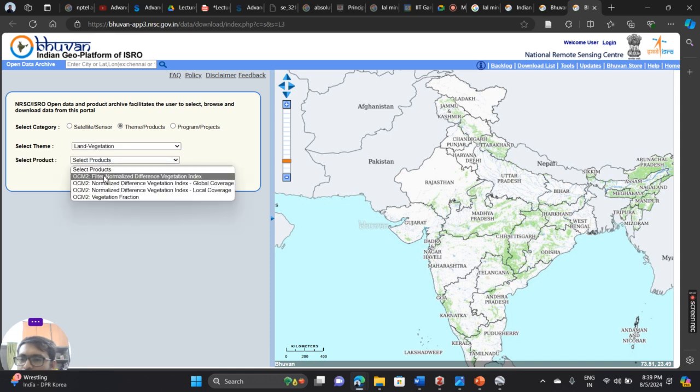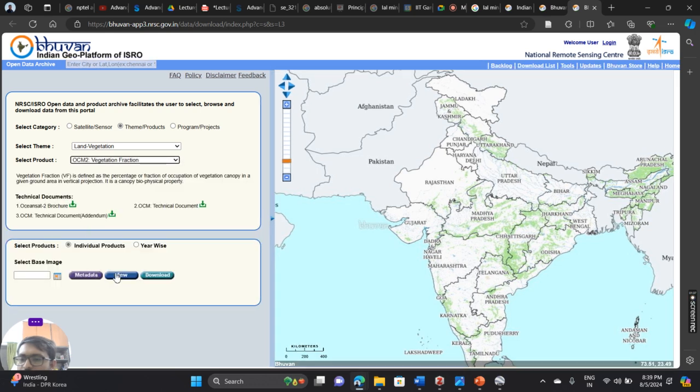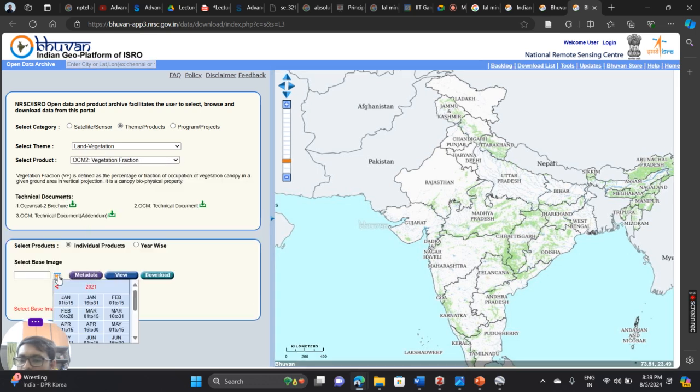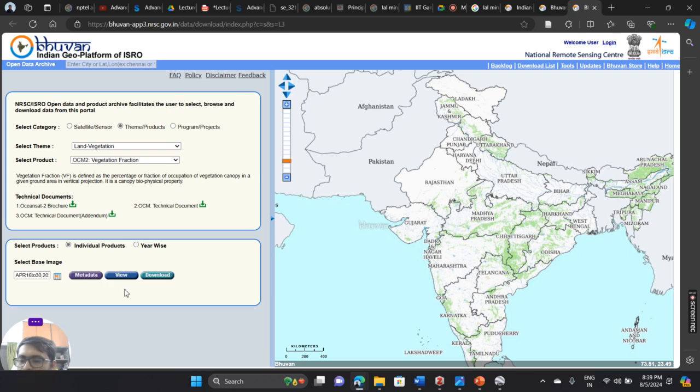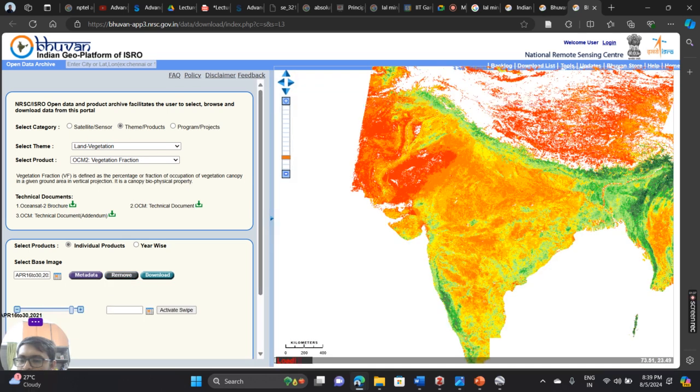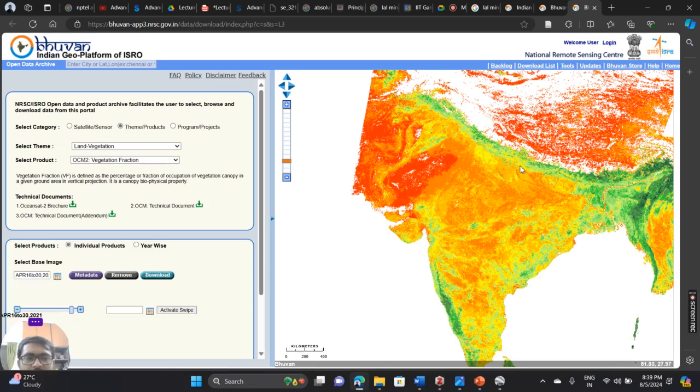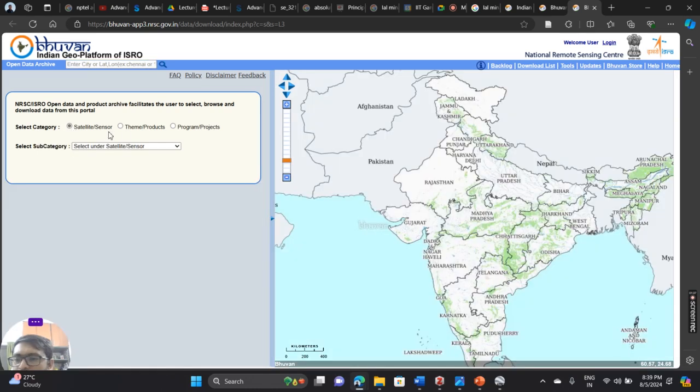So you can select any of the datasets with vegetation fraction. So you will get your data like this. So whatever data you want to use, satellite data.